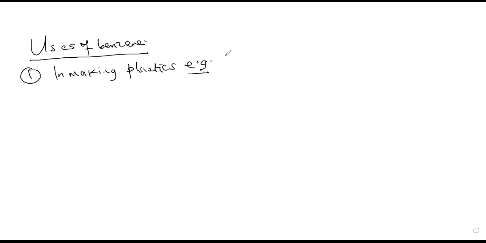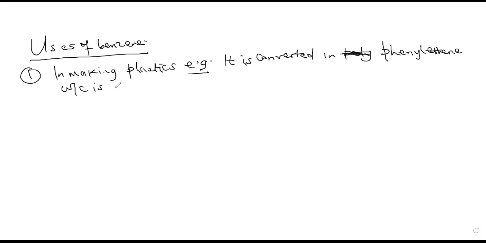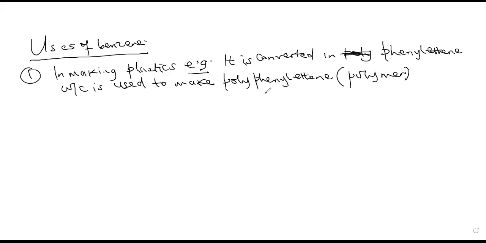So basically, it is converted to phenyl ethene, which is used to make polyphenyl ethene, and this polyphenyl ethene is a polymer, and one can call it polystyrene.